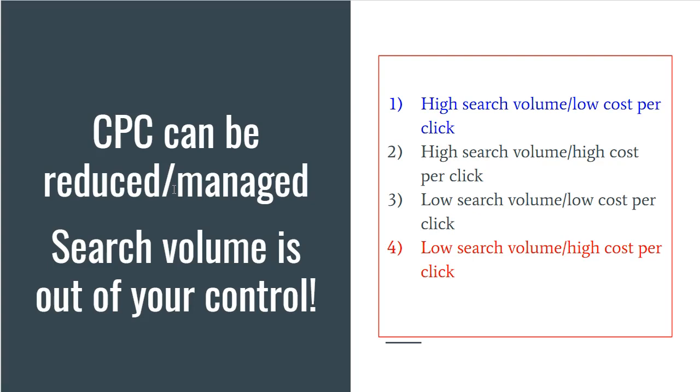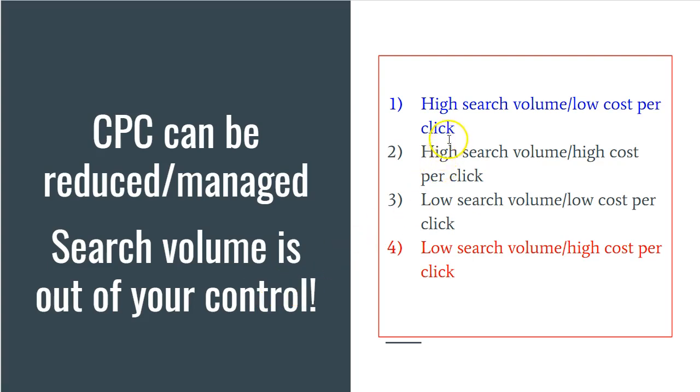You can reduce the cost per click, or manage it and somehow make it work. You can improve the conversion rate to make a high cost per click work. But the search volume is out of your control. You cannot control the number of people that are searching for a dentist in your location, for your city. That's completely out of your control. And so the limiting factor is always the search volume.